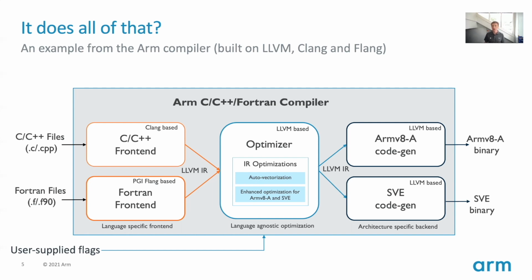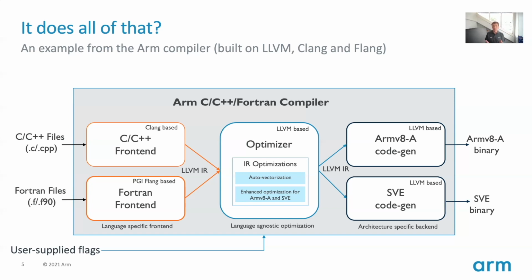And the first thing a compiler does is it parses all of that code that you have and turns it into what the compiler calls an intermediate representation. So the LLVM compiler has a language, which it calls its intermediate representation, or IR, that allows it to express the intent of any code in any source language that it can compile.